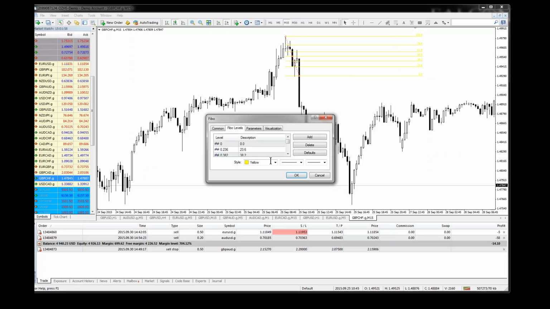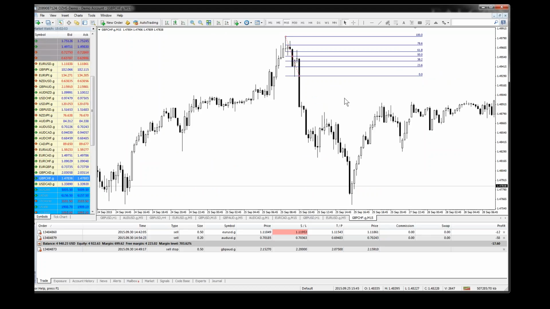Fib properties, and this should be navy blue. Okay, so in this case, we drew this fib from here to this point. We had a bounce off the 618. Normally, if you bounce off the 618, I don't want to say every time, the vast majority of the time, it will come down to a level about here.